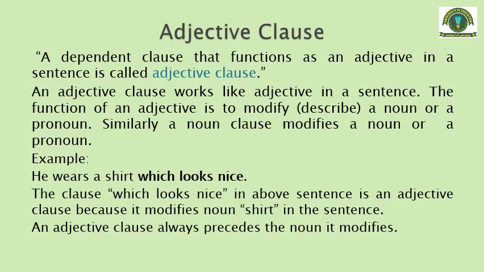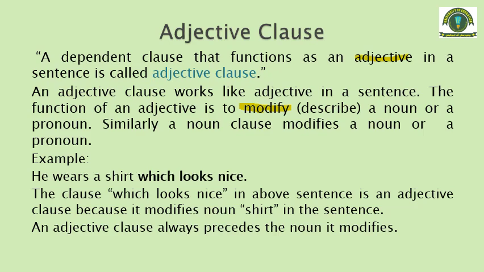So now is the time to talk about adjective clause. What is an adjective clause? It is a dependent clause and it acts as an adjective in a sentence. So now the question arises, what is an adjective? An adjective is a word that modifies a noun. What does modify mean? It means to add details to a noun or to describe a noun.